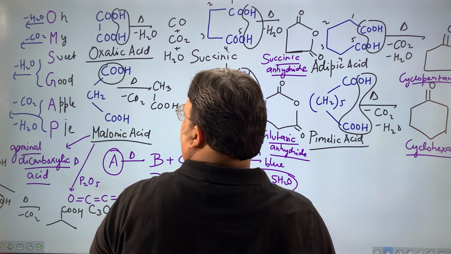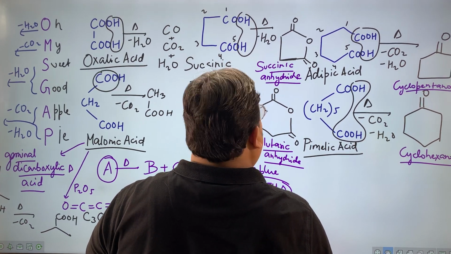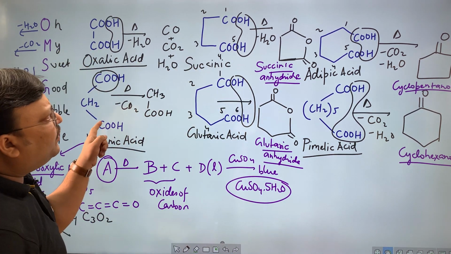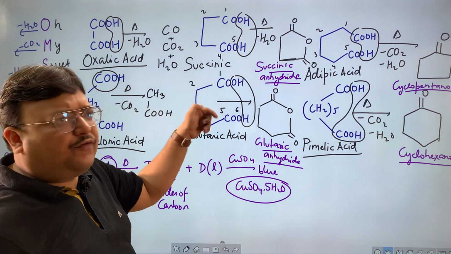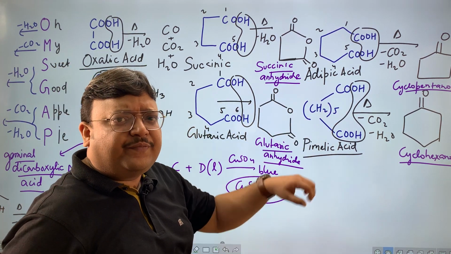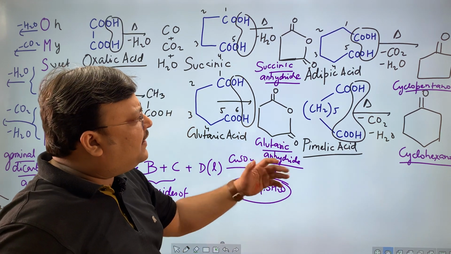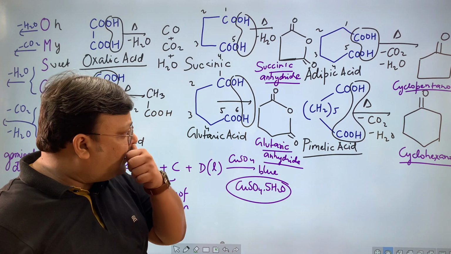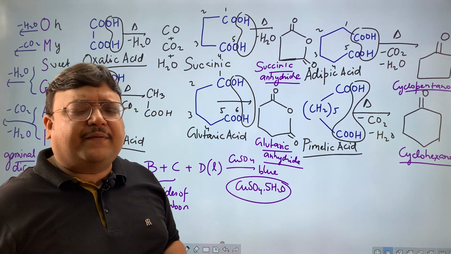Oxalic, malonic, succinic, glutaric, adipic, pimelic. This loses water, this loses carbon dioxide. These two lose water forming anhydride, and these two lose both carbon dioxide and water to form cyclic ketones. I repeat, I hope this will help you in solving any question based on heating effect of dicarboxylic acid. This much for the time being. Thank you so much.